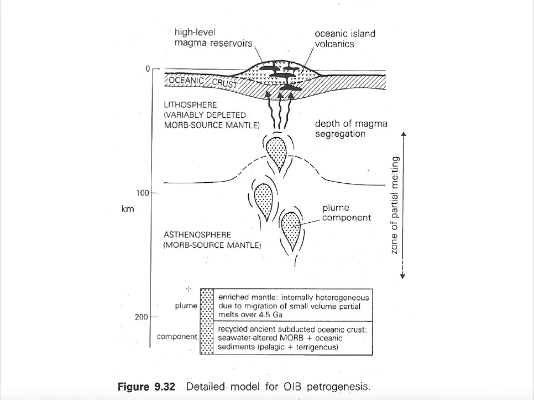This will then all rise up, and then you are forming your ocean island basalts above, which are enriched in the trace elements, in the incompatible elements, and show other isotopic values compared to the MORB. This is because we have this enriched plume component inside, that's the reason for this. You should have that in mind, and you should be able to write this down.